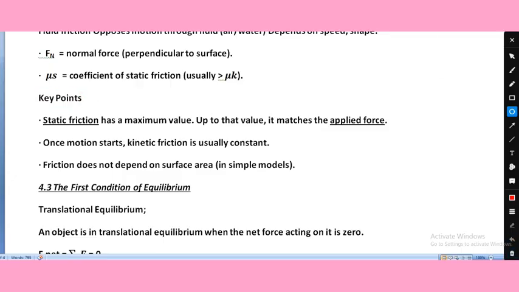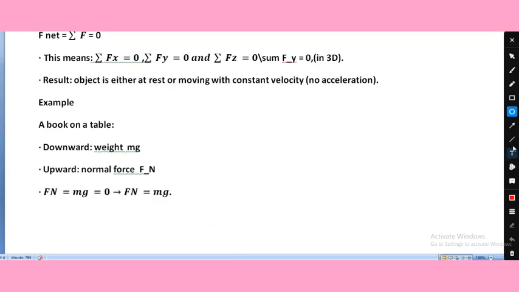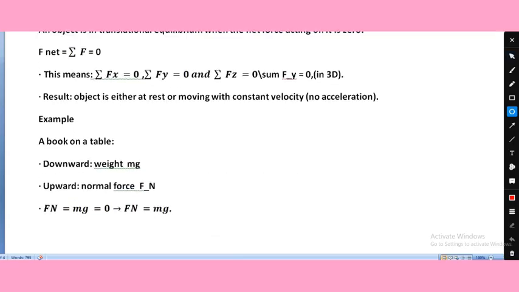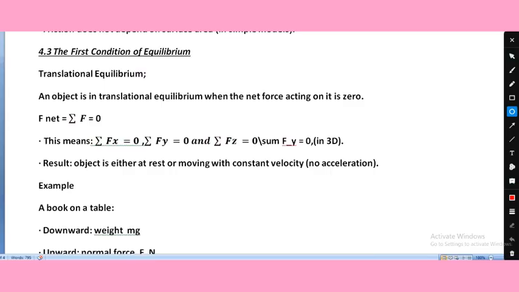What is equilibrium? Translational equilibrium: an object is in translational equilibrium when the net force acting on it is zero.